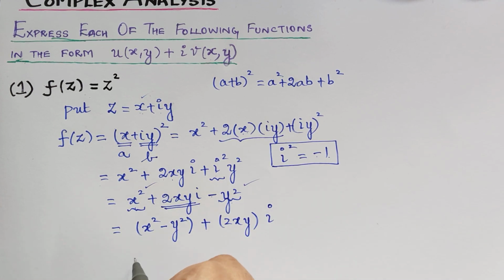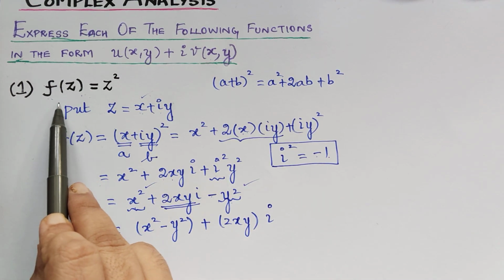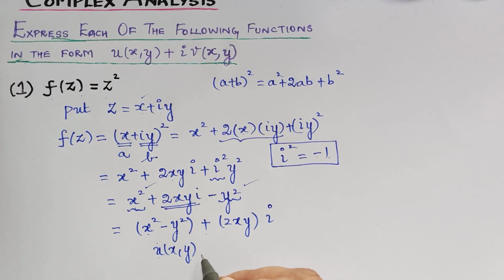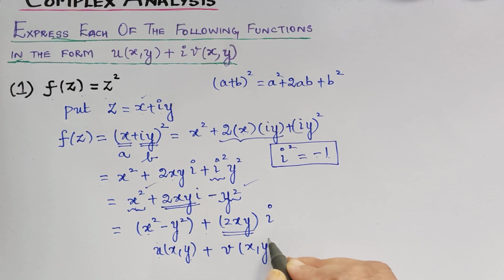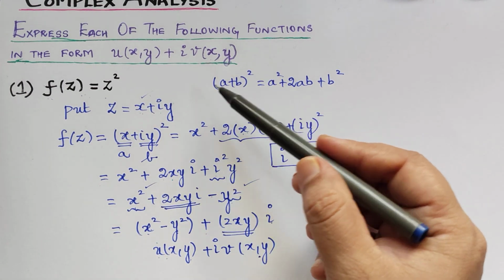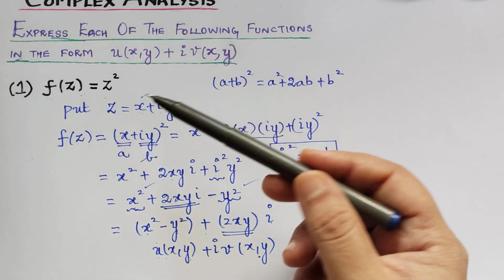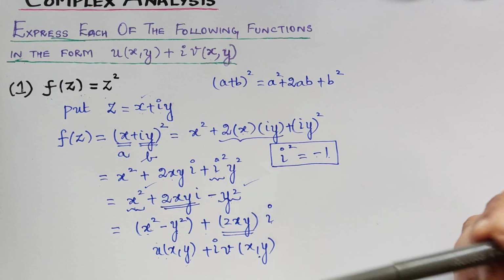Therefore, we have written the function of a complex variable f(z) equal to z square in the form of real part plus the imaginary part. That is, this is u(x, y), which is a function of the variables x and y, and similarly this will be v(x, y). So we have written it in the form u(x, y) plus i multiplied with v(x, y), and hence we have expressed the given function in this form. So we have separated the given function of a complex variable as real part and imaginary part.